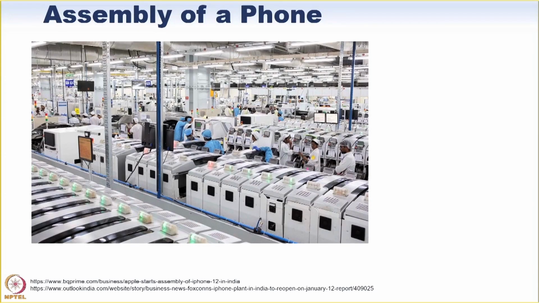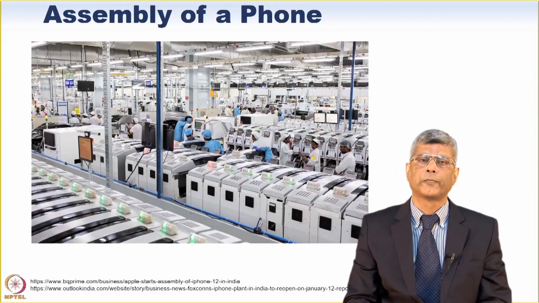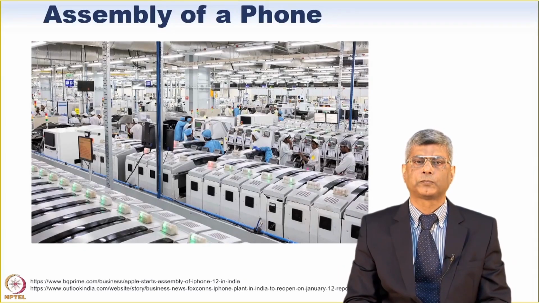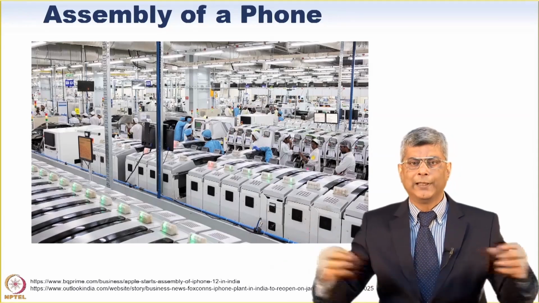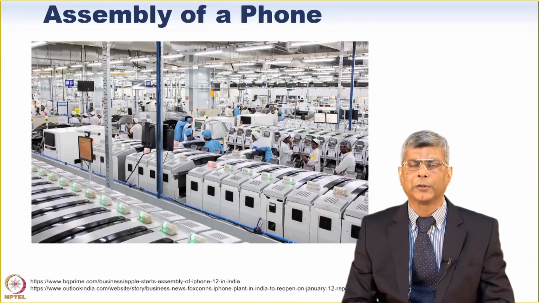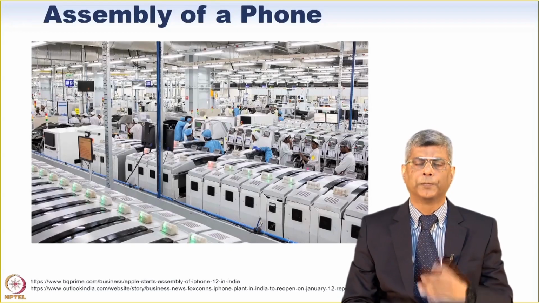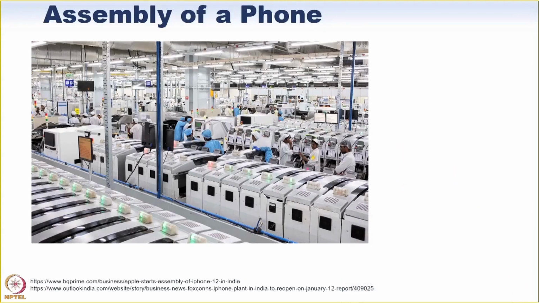Remember, this phone has very small parts, and they have to be either welded or screwed or plastic fitted, tightly fitted to each other. And on the assembly line, you have to fit in the parts from the sides. So this is what it will look like. It is dust-free. It will be pollution-free. And the workers are assembling the phone till you get the phone in your hand.